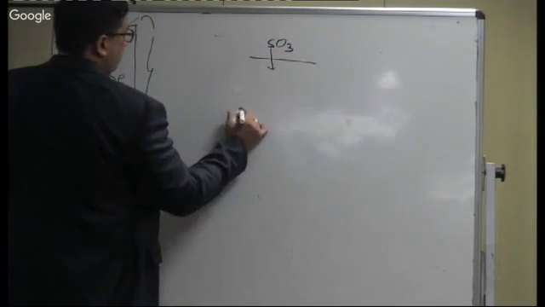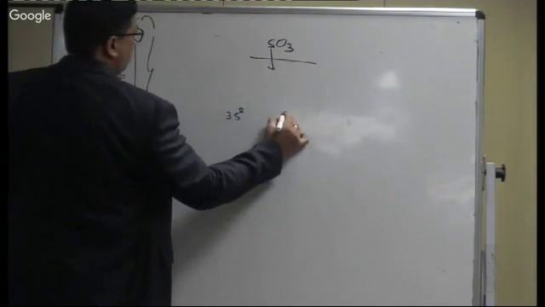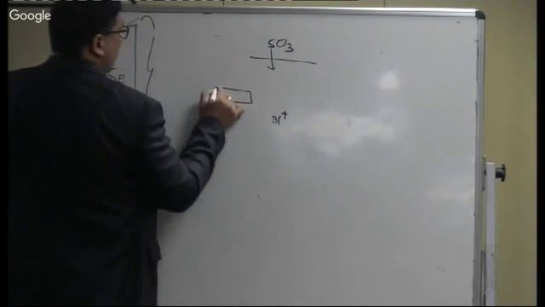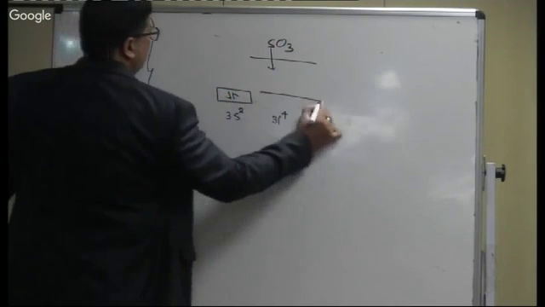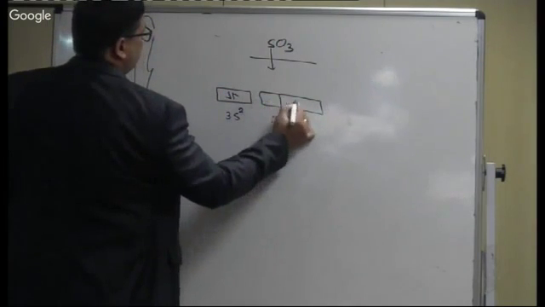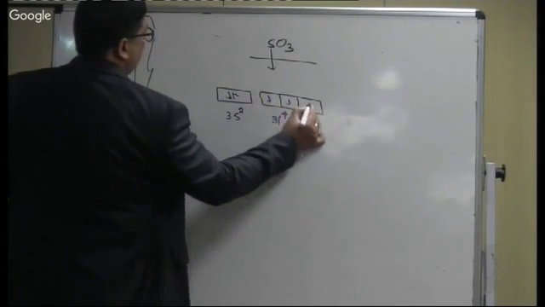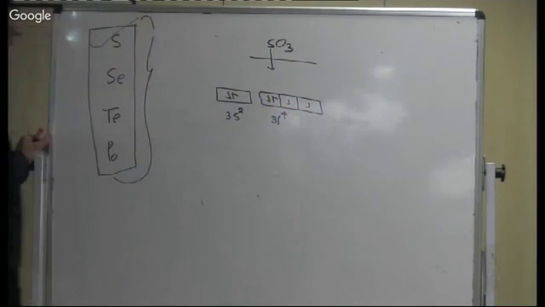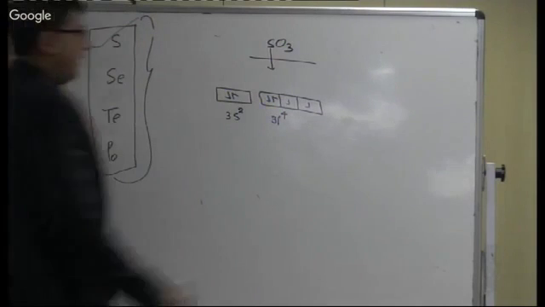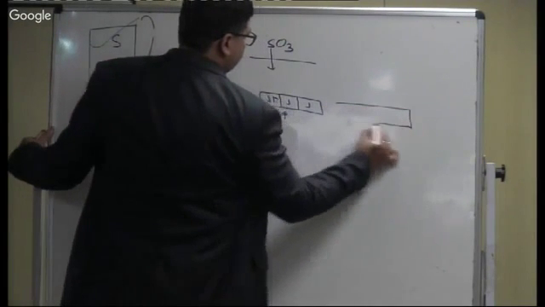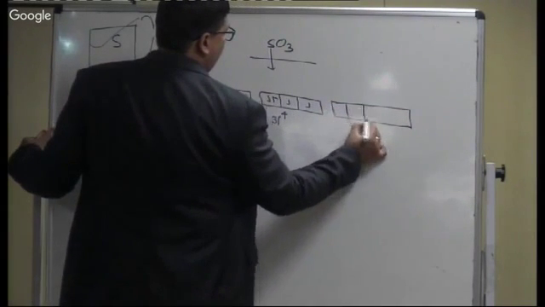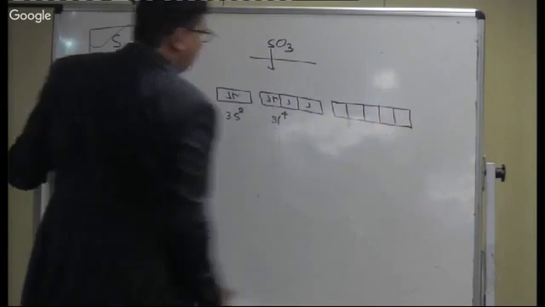This is 3s2, 3p4. The s orbital consists of 2 electrons, the p orbital consists of 4 electrons. Clear? Make one vacant d orbital.